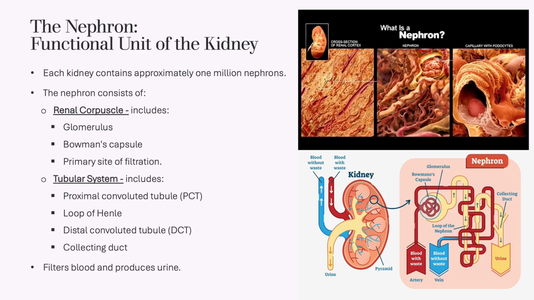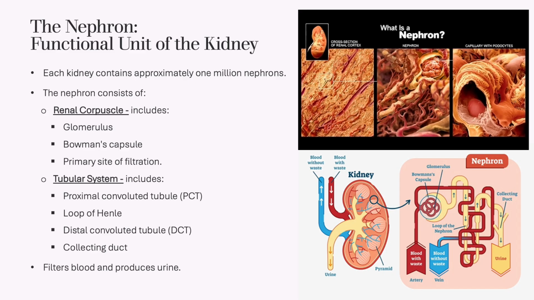Now, the tubular system includes the proximal convoluted tubule, loop of Henle, distal convoluted tubule, and collecting duct. These structures modify the filtrate through reabsorption and secretion. So the proximal convoluted tubule reabsorbs most of the filtered water, right? Because the body doesn't want to just get rid of all the water in the body, right?